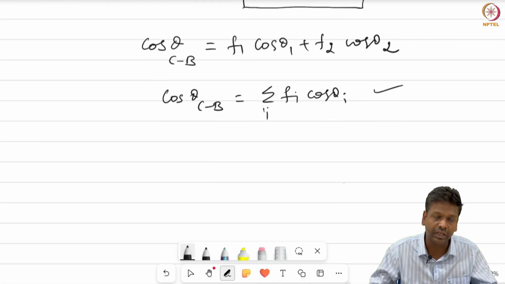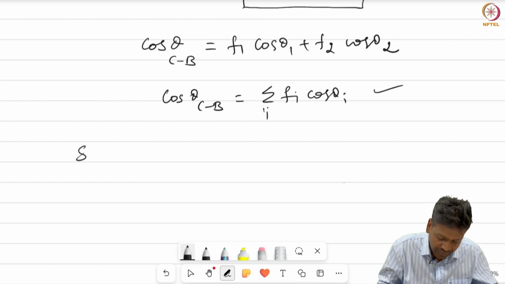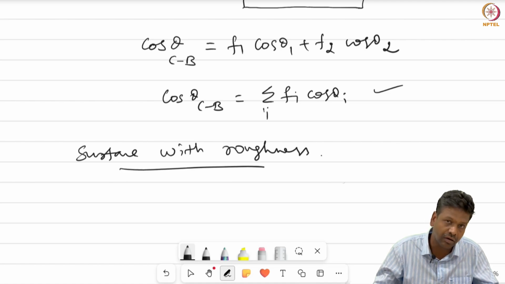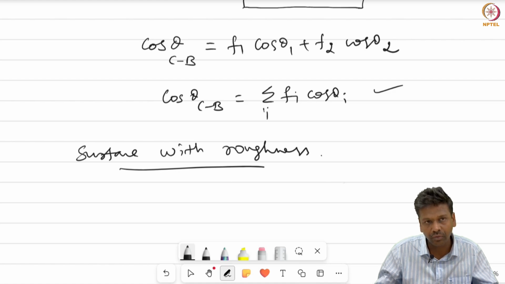Next comes the surface with roughness. So we have seen Cassie's law, where you consider a surface with porosity. The second one we dealt with was Cassie-Baxter, where you have to consider a surface with numerous types of chemical heterogeneities.